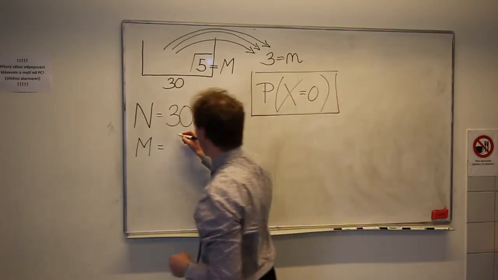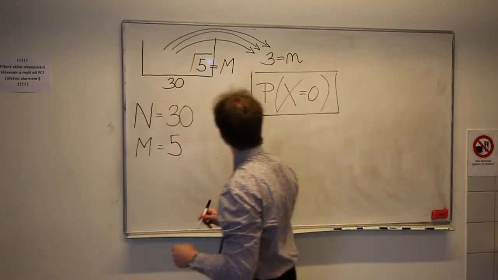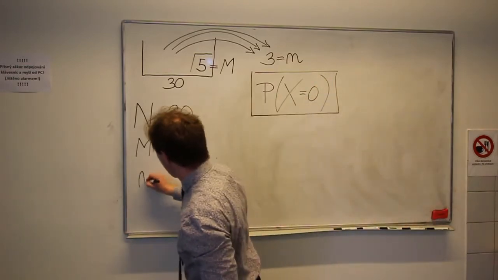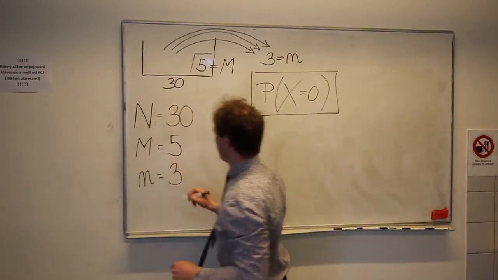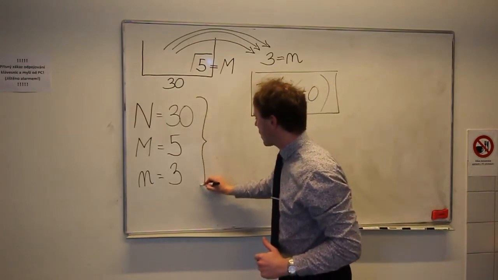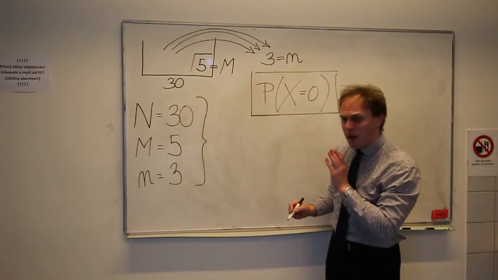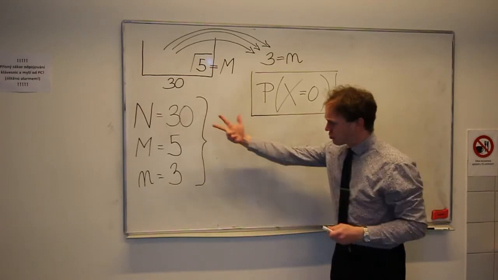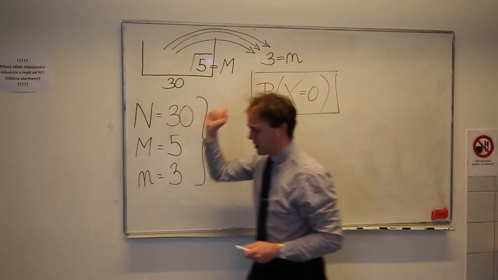I have here 5 damaged, and I require 0, and my random selection is 3 light bulbs. If you check your formulas, you will see one important probability distribution using 3 important parameters.